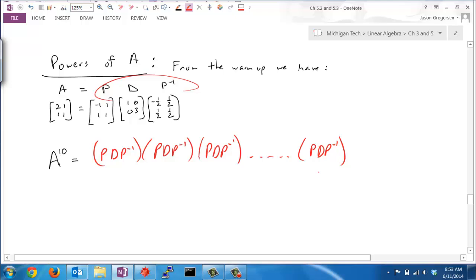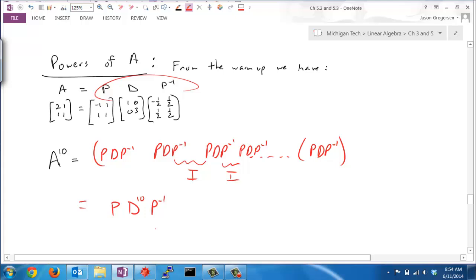But now, because matrix multiplication is associative, I don't need any of these parentheses. And now if I change the order and do this one first, what do I get here? What's P inverse times P? I. Right, and over here I would have this thing times P D P inverse. Here's I.